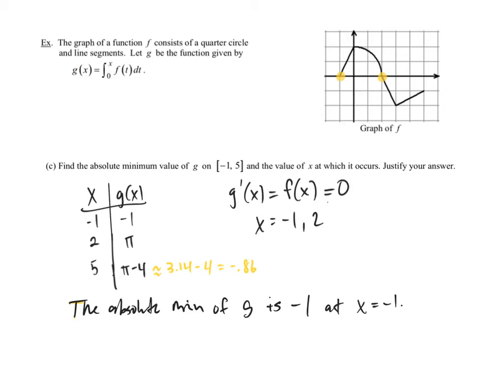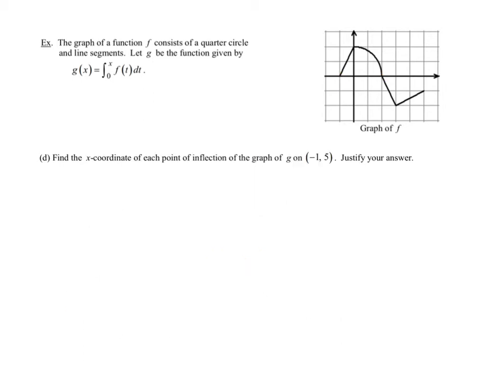Finally, in part D of this question, we want to find the x-coordinate of each point of inflection on the graph of g. It's helpful to draw a little chart over here just to remind ourselves when g has a point of inflection. I know that g has a point of inflection whenever the graph of g changes from concave up to concave down, or vice versa.